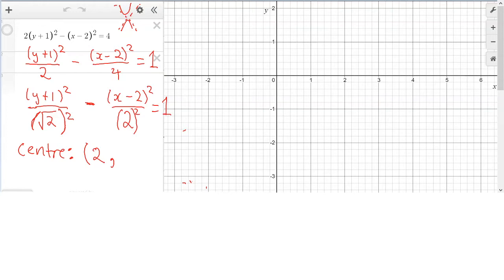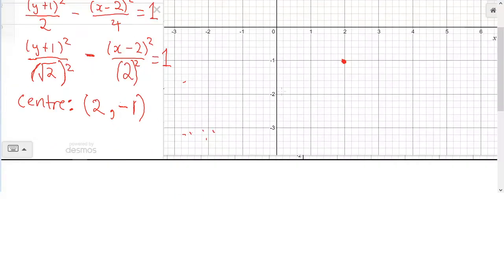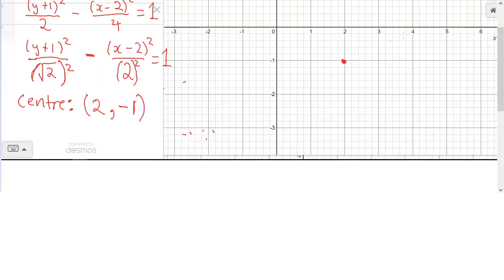And for k, it must be minus 1, because it's normally y minus k. So I'm at (2, −1). So that would be down here. That is my center point. Great. So that'll come in handy later, but let us do the asymptotes.